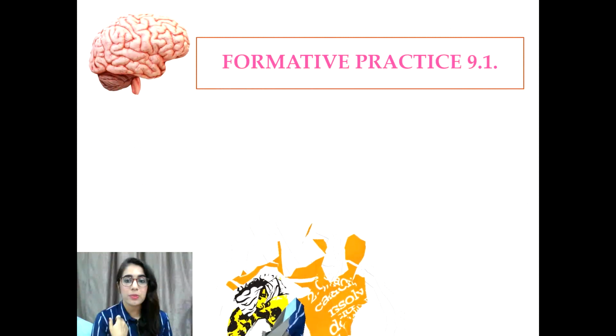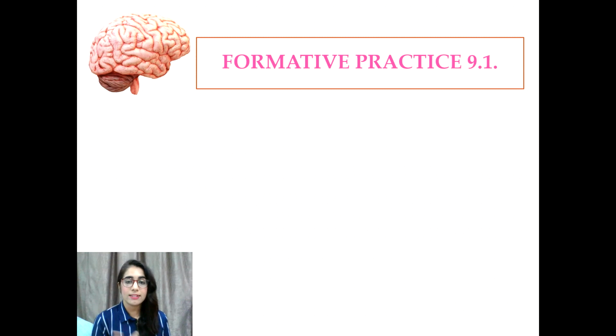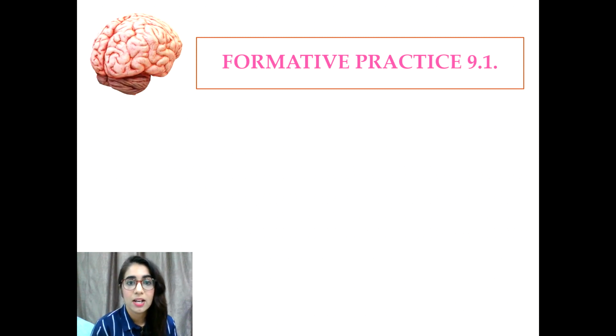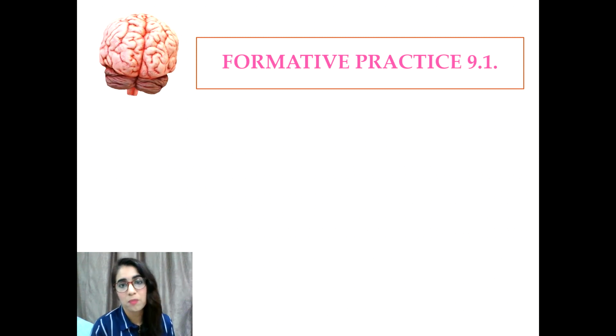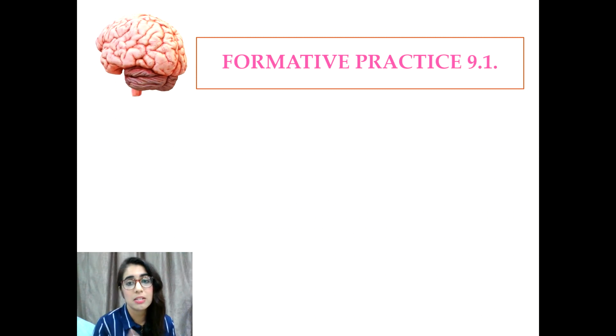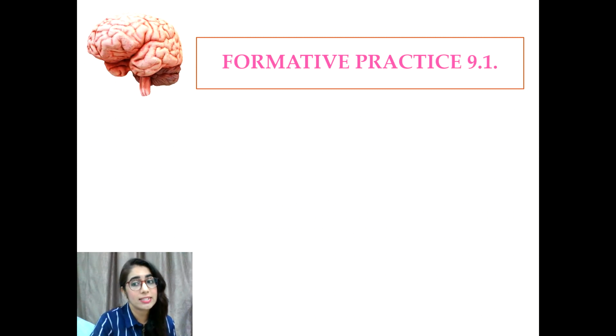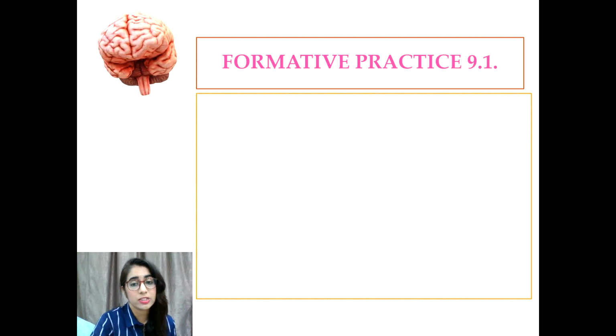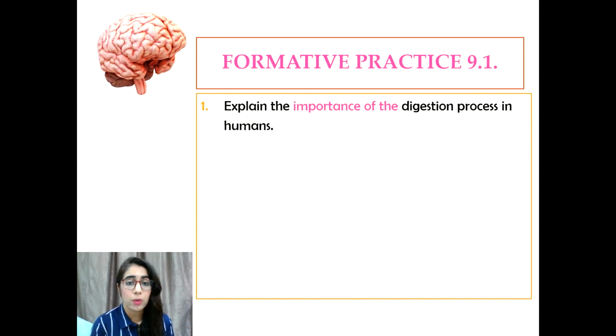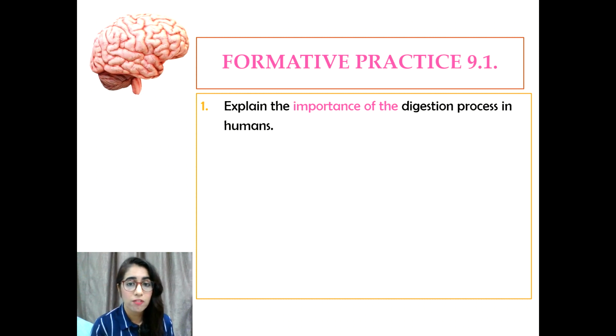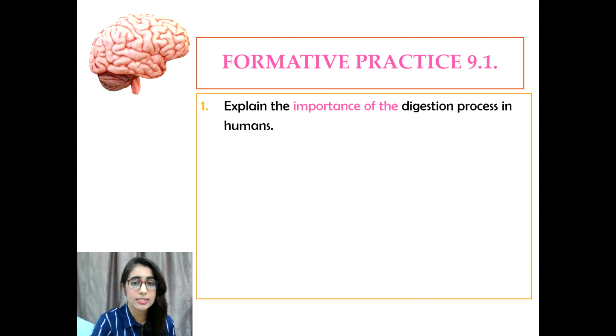Okay, with that we are done for today's lesson, but you need to answer questions from Formative Practice 9.1 on page 150 from your textbook to test your understanding. Well, the questions are as follows. Number 1, explain the importance of the digestion process in humans.